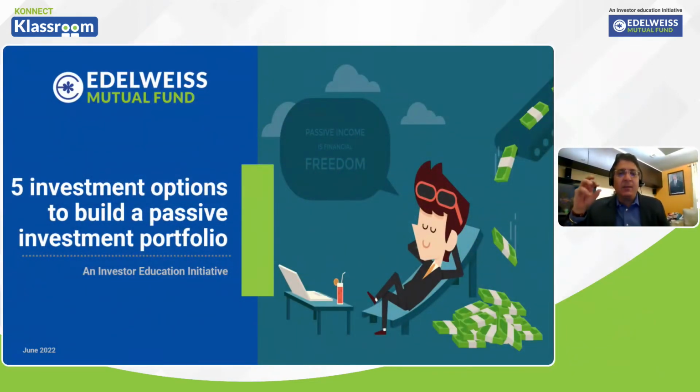This Edelweiss Connect classroom session is on 5 investment options to build a passive investment portfolio. I'm sure a lot of us would have got perhaps a bit worried, or maybe I would use the word hassled, looking at the increased, enhanced volatility that we have been recently witnessing in the markets.